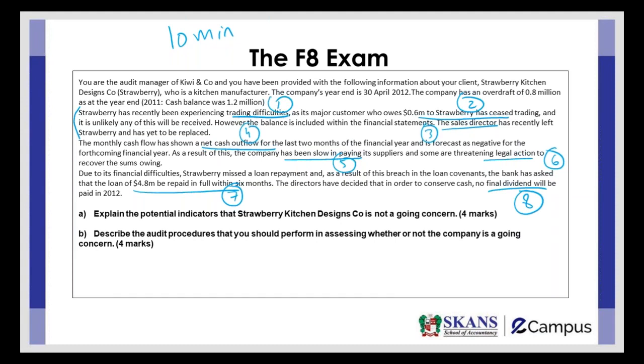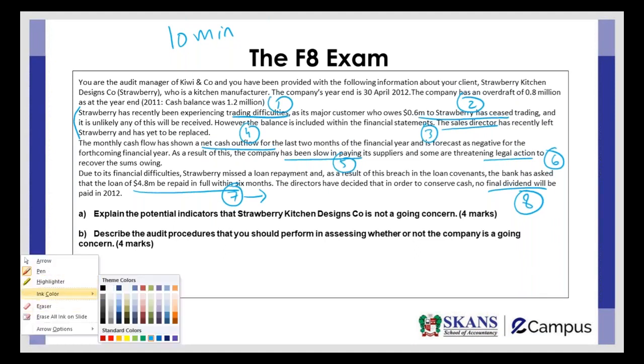Guys, please remember, and I want you to be very, very careful, identification is only going to get you half a mark. So for example, why is point number 7 an indicator? Because they might not have money to repay this amount.